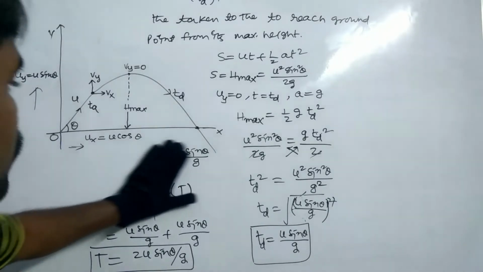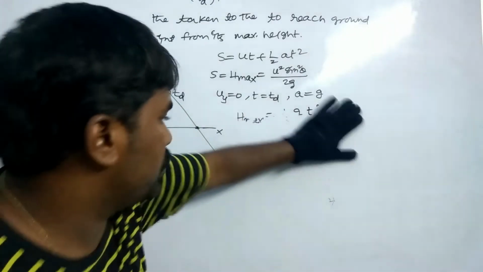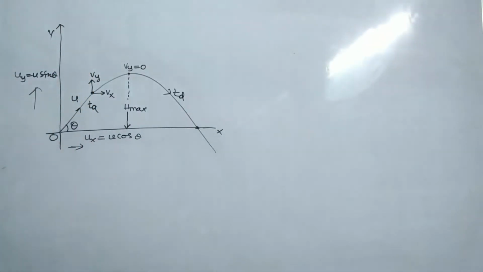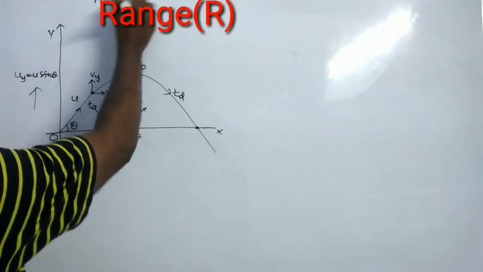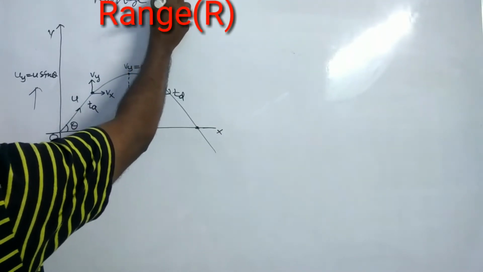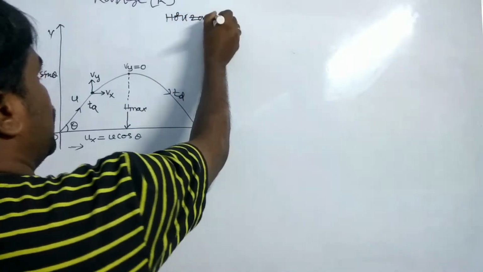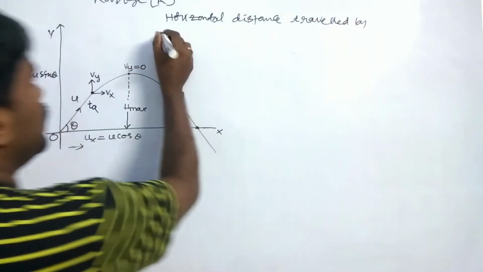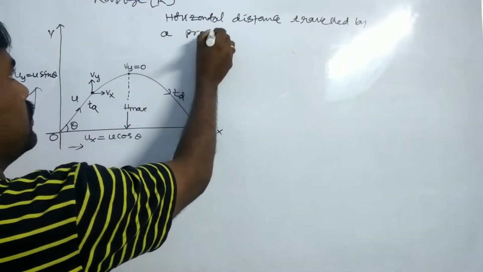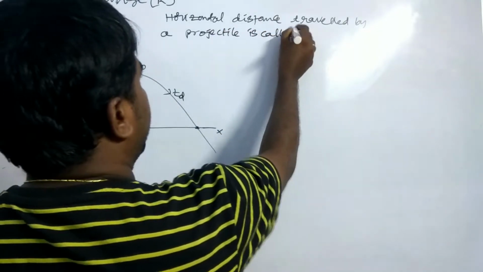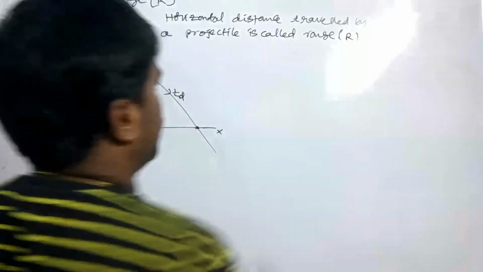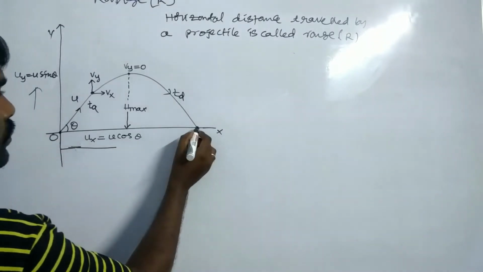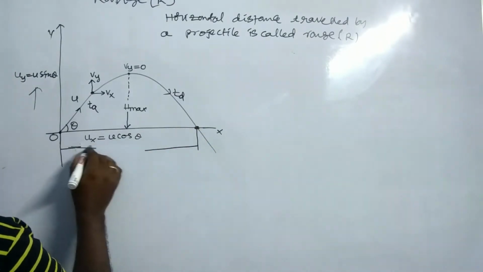So what is meant by range? Range is nothing but the horizontal distance traveled by a projectile, denoted by the letter capital R. The horizontal distance means from this point to this point, so this is the horizontal distance, which is the range.